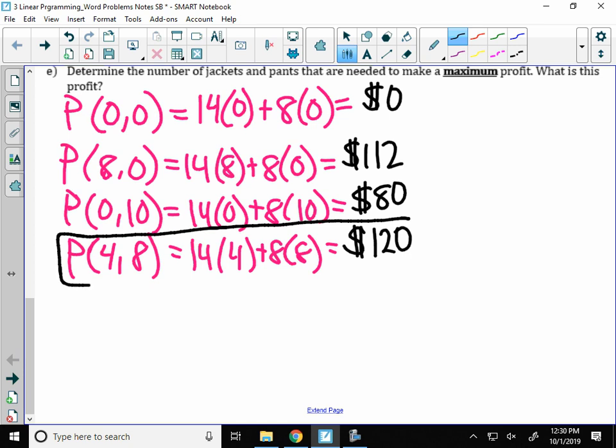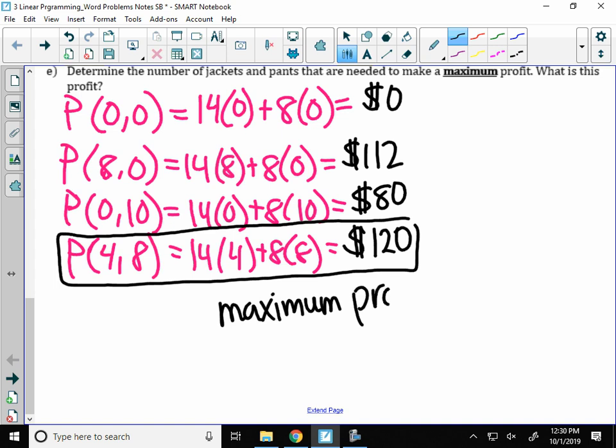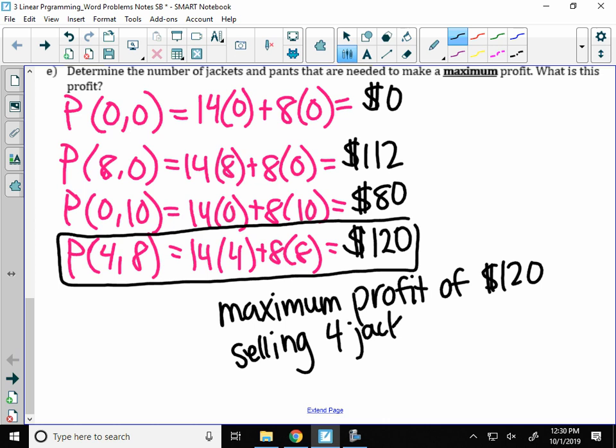So this company will make a maximum profit. So make sure you write this part down. You'll make a maximum profit of $120 selling 4 jackets and 8 pants. Now you have to put the context behind it, otherwise the numbers mean nothing in an application. Okay? Not hard to put it together, just kind of correct.